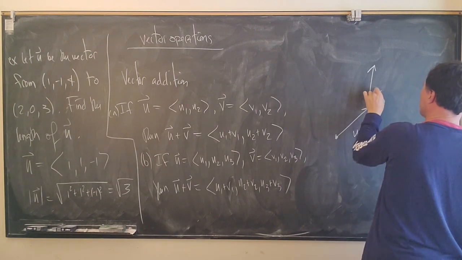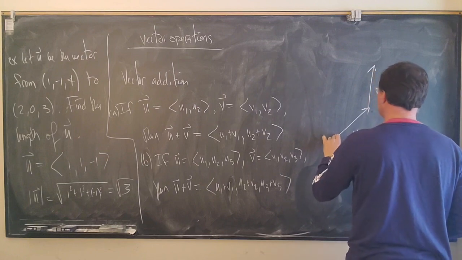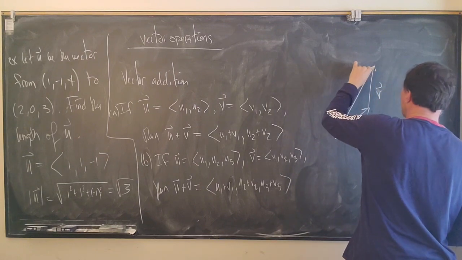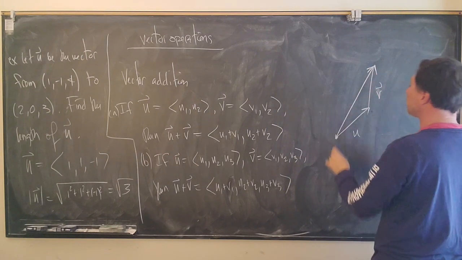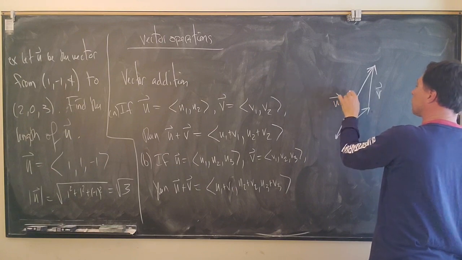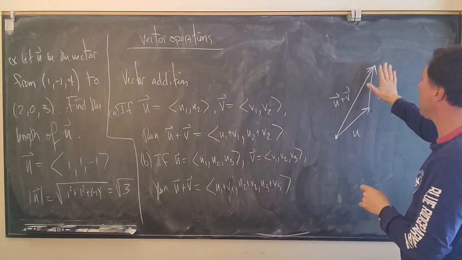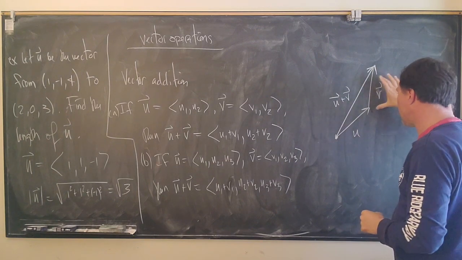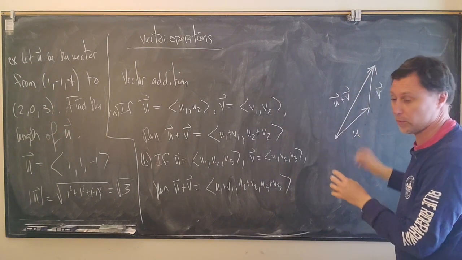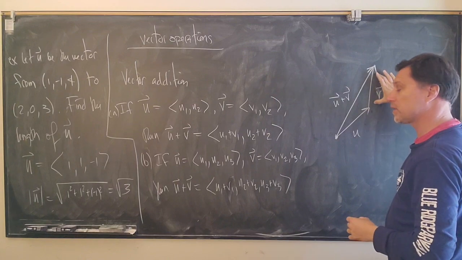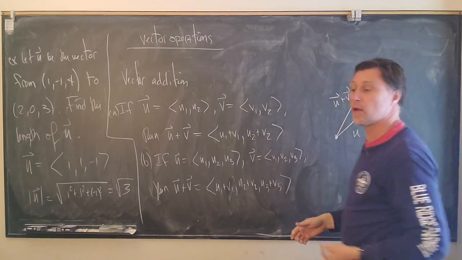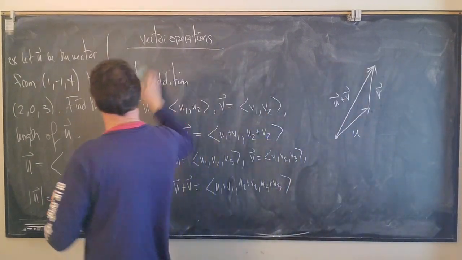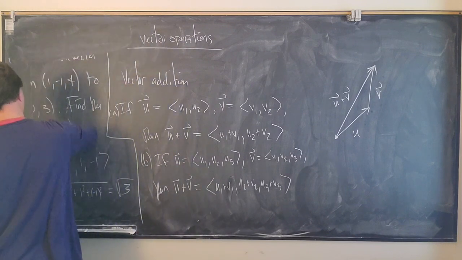If you do that, then u plus v is the vector that completes the triangle. So there's our interpretation of vector addition. Line v up at the tip of u, or the other way around, put a v here, line u up at the tip, and the completion of the triangle gives you the sum of the 2 vectors. Okay, so there's our first operation.